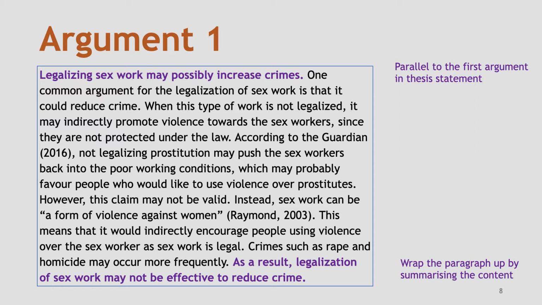Here, the writer uses a statement from a credible source, such as journal articles, Raymond 2003, and then we have an interpretation. This means that it would indirectly encourage people using violence over the sex worker as sex work is illegal. Crimes such as rape and homicide may occur more frequently.